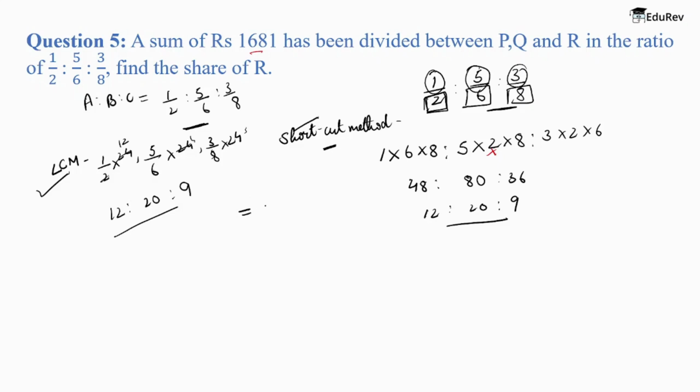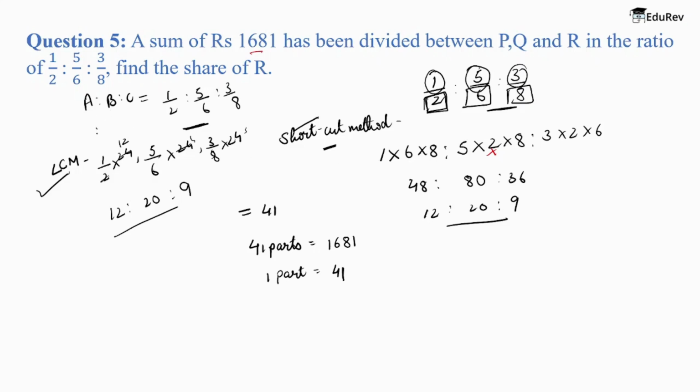The sum is equal to 41. So 41 parts is equal to how much? Rupees 1681. So 1 part would be equal to 1681 divided by 41, which would be 41. So we have to calculate the share of R. This is not ABC.